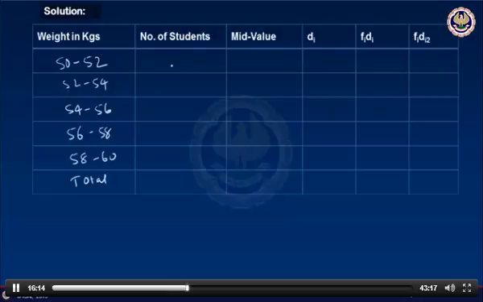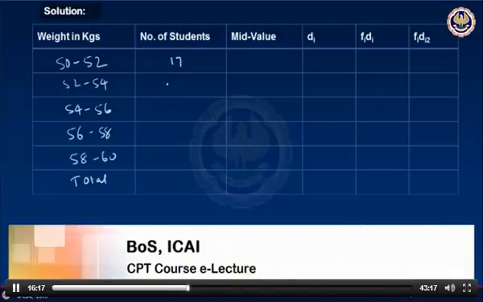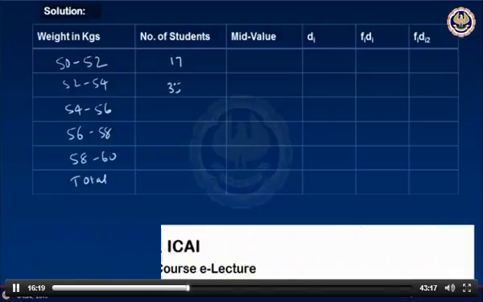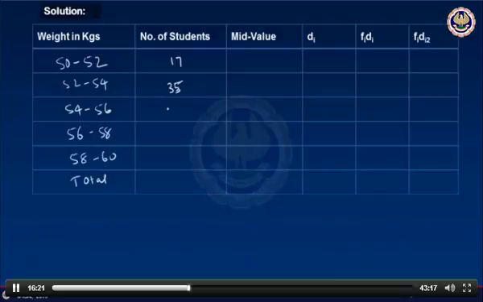The numbers of students are 17, 35, 28, 15, 5. The sum of this is 100.